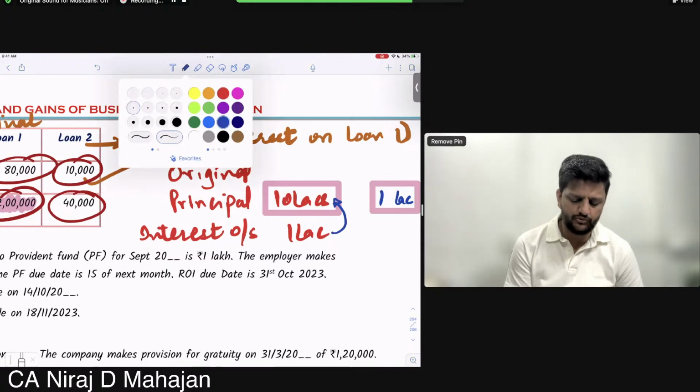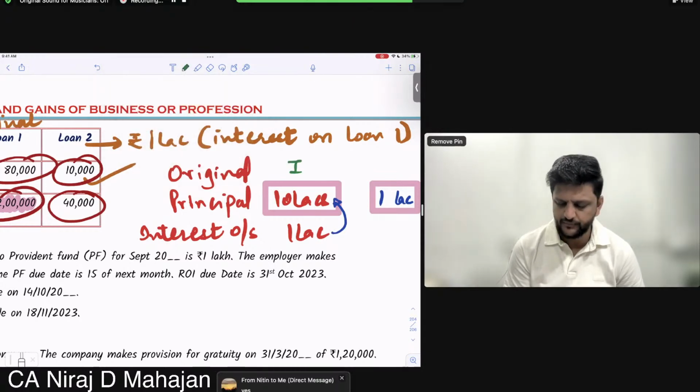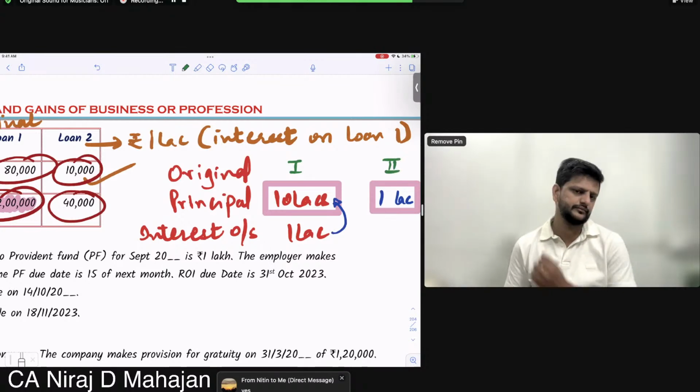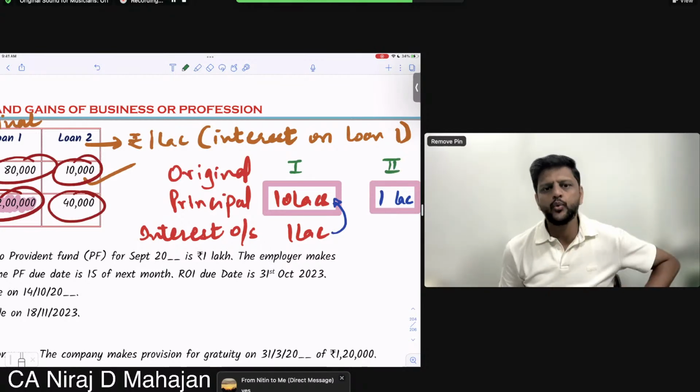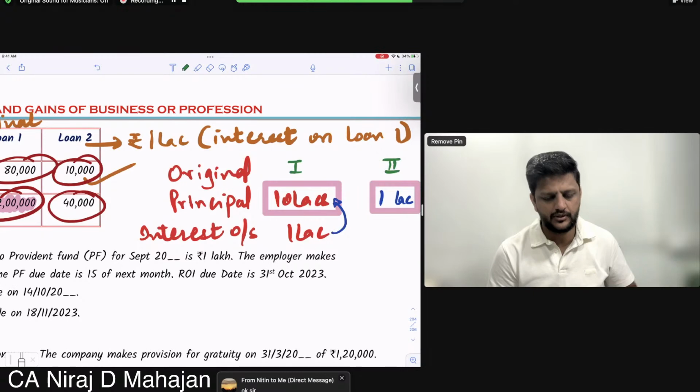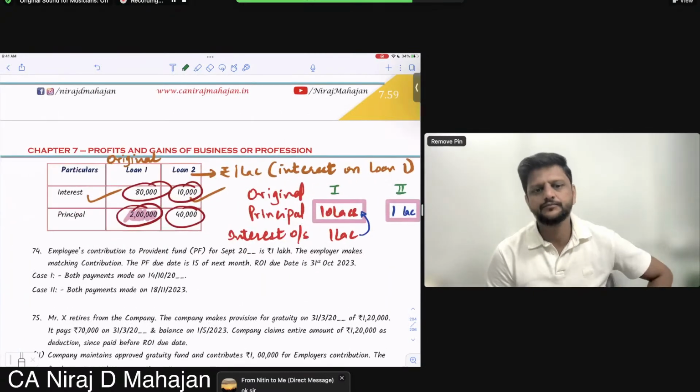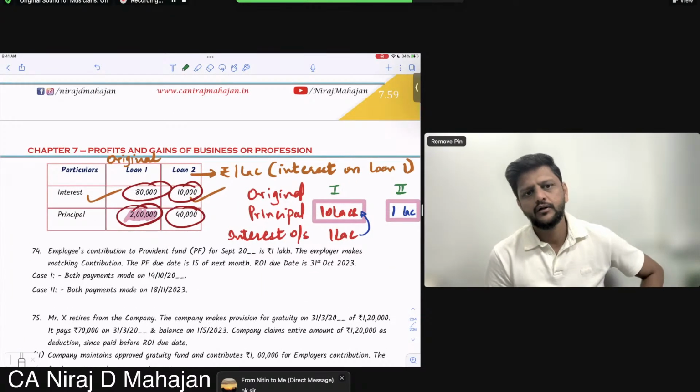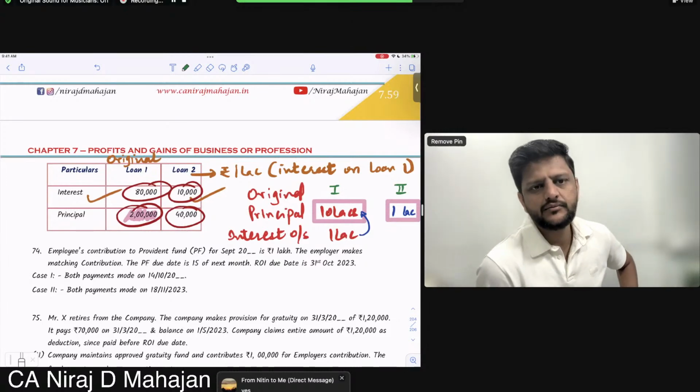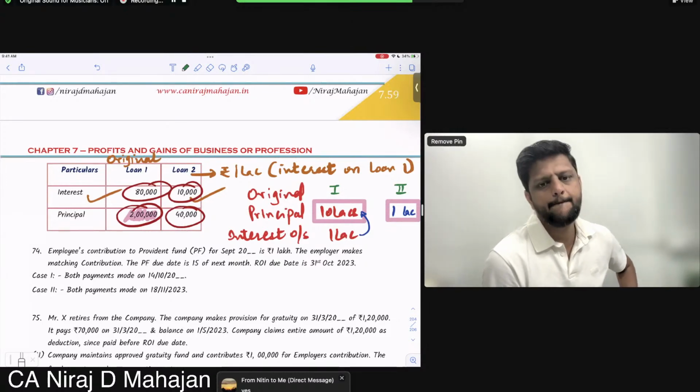Now he has done a couple of payments. So this is loan 1, this is loan 2. Clear till here? For loan 1, how much has he repaid during the year? Principal 2 lakhs. Correct? On the original loan of 10 lakhs, how much interest has he paid? 80,000. Fine.